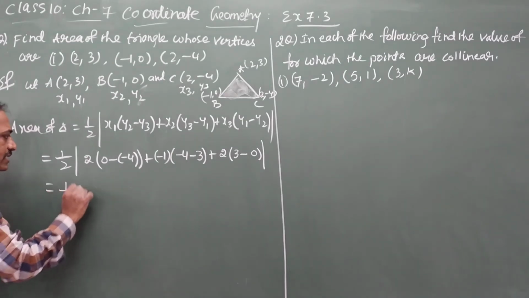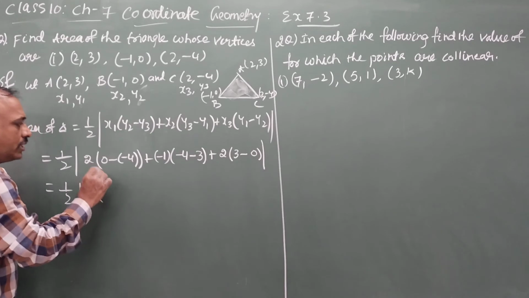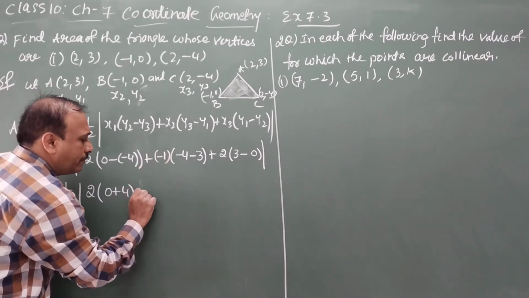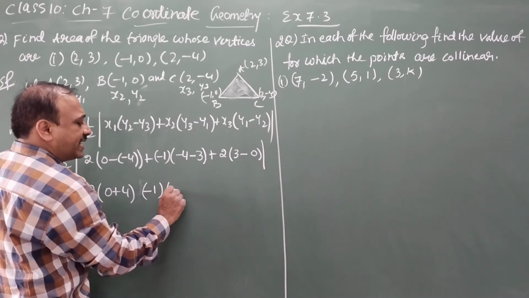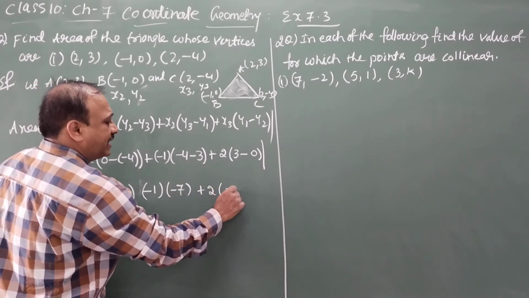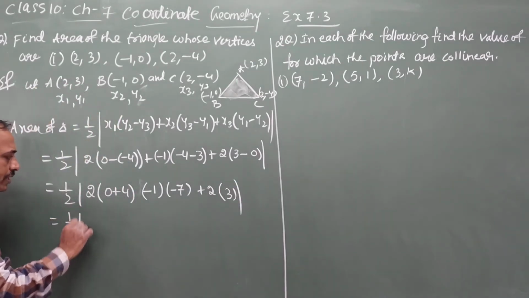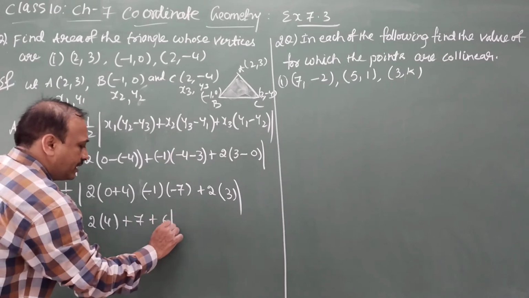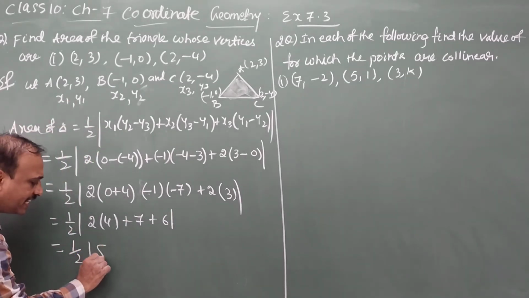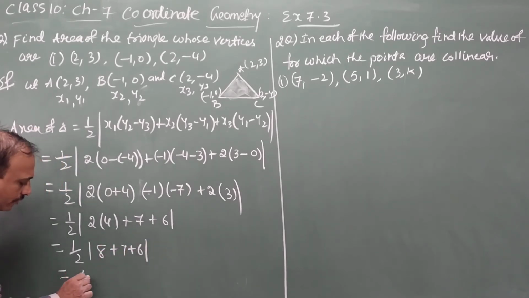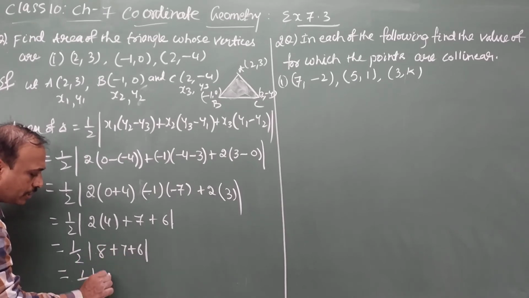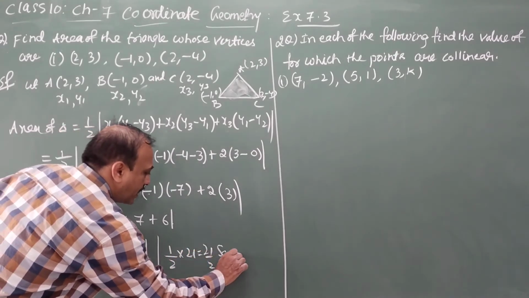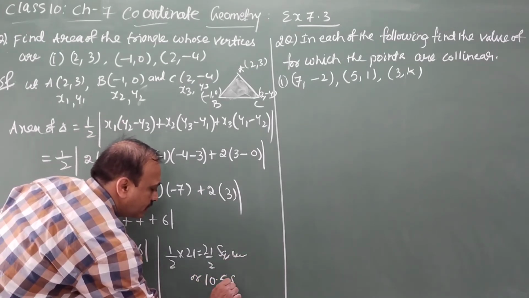Now half modulus, this is the absolute value. 2 into (0 plus 4), plus (-1) into (-4 minus 3) which is -7, together plus 2 into (3 minus 0) which is 3, equals half of 2 into 4 is 8, plus 7, plus 2 into 3 is 6. So half of modulus 8 plus 7 is 15, plus 6 is 21. That is nothing but 1 by 2 into 21, which is 21 by 2 square units, or you can write 10.5 square units.